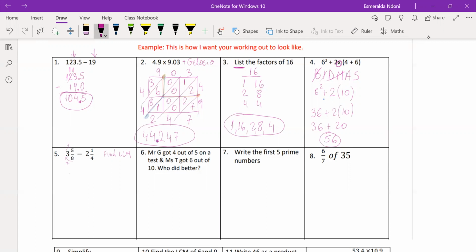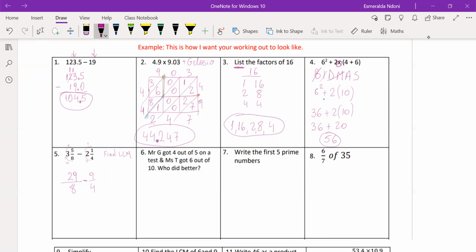Add the 5 is 29 over 8. This will be subtracted by the next fraction. So again, I multiply and then I add. 4 times 2, 8. Add the 1, 9 over 4.